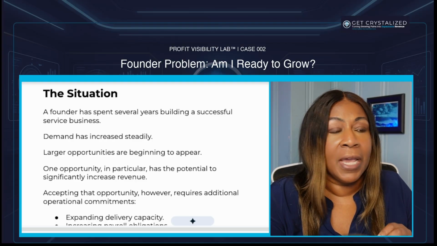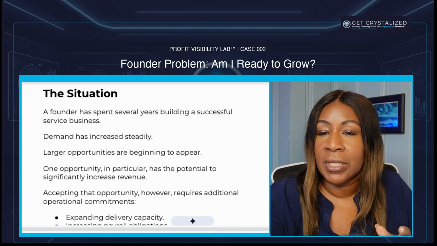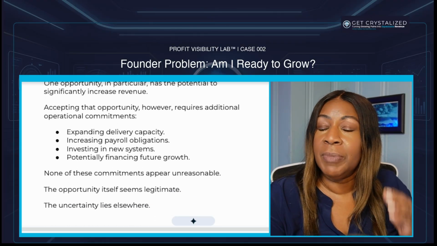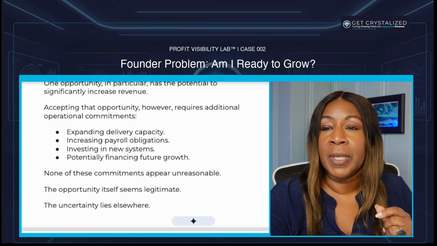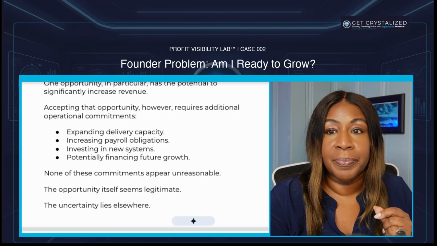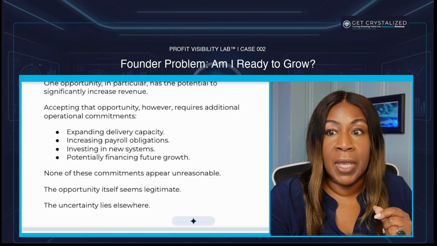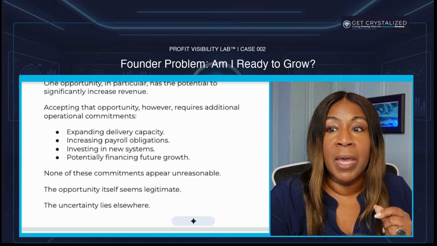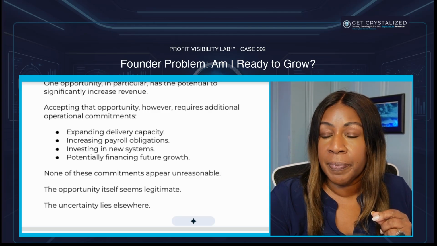Accepting that opportunity, however, could have some implications, and of course it does. It requires additional commitments, like expanding delivery capacity, increasing payroll, investing in new systems, and potentially financing future growth. None of these commitments appear unreasonable.